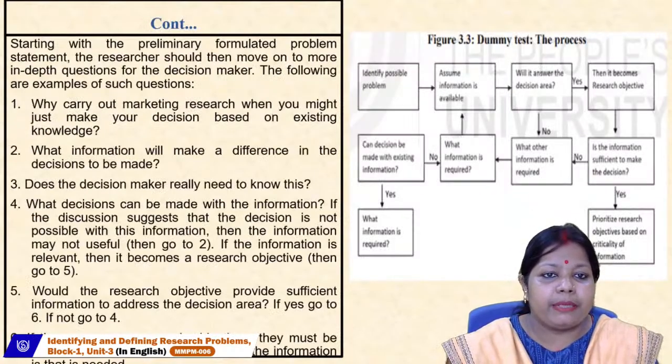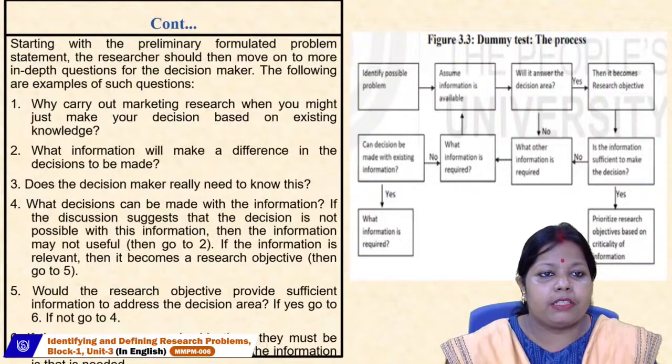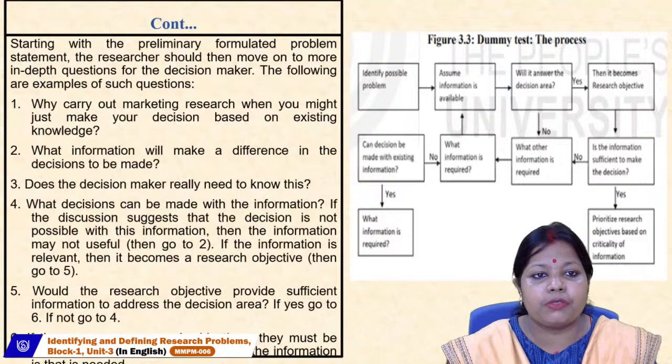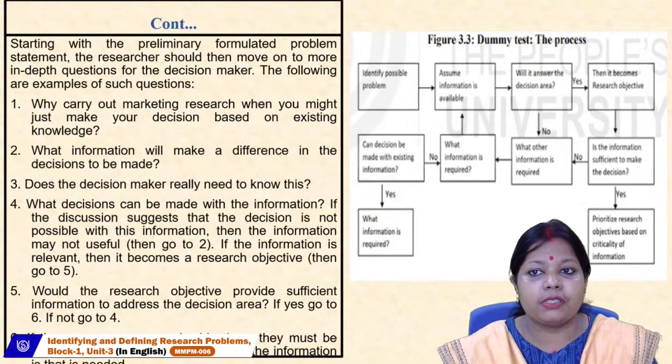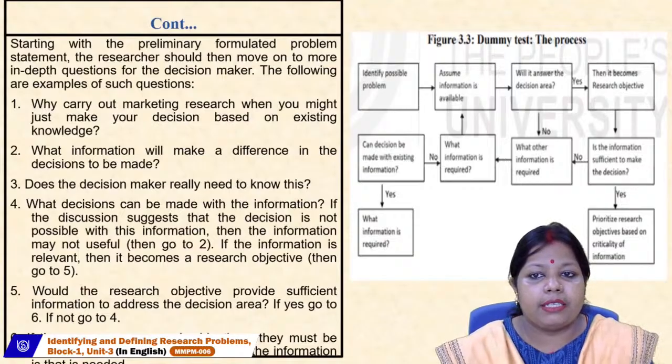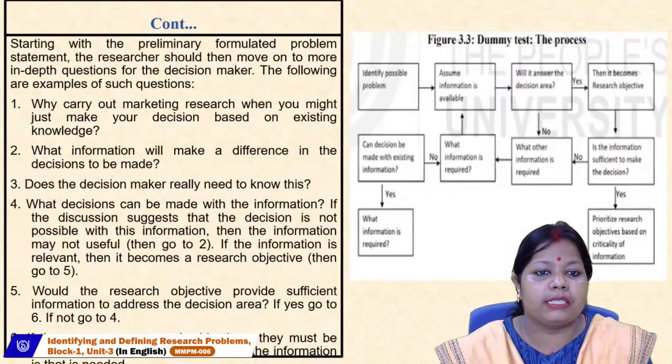So, starting with the preliminary formulated problem statement, the researcher should then move to more in-depth questions for the decision maker. The following are examples of such questions, the possible questions for an interactive session. First, why carry out marketing research when you might just make your decision based on existing knowledge?